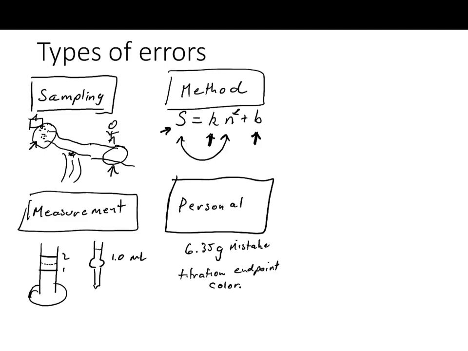So these are all different types of errors that we might be able to control. There's one last set that we can't control. We would just lump these into random errors that are happening beyond our control and are not well defined.